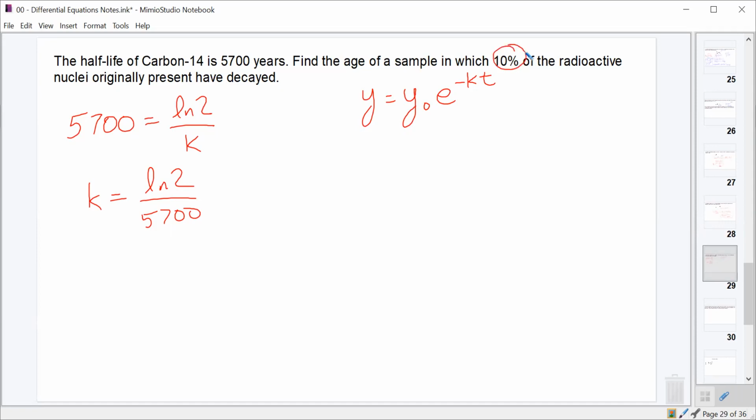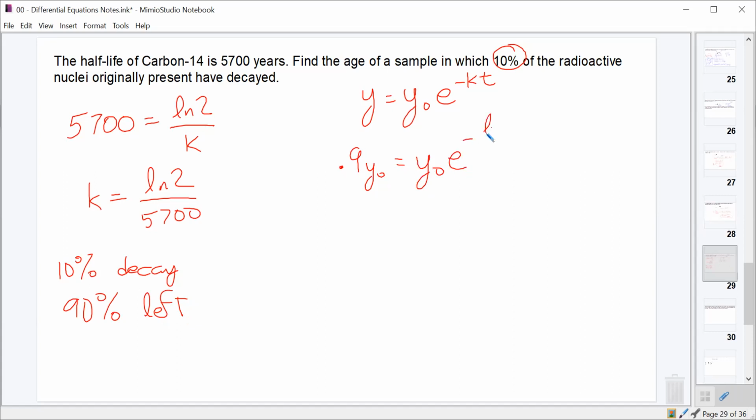Well, if 10% has decayed, that means that we have 90% left. So if we have 90% of what we started with left, that would be 0.9 of y naught, which should be equal to y naught e to the negative (natural log 2 over 5,700) times t.